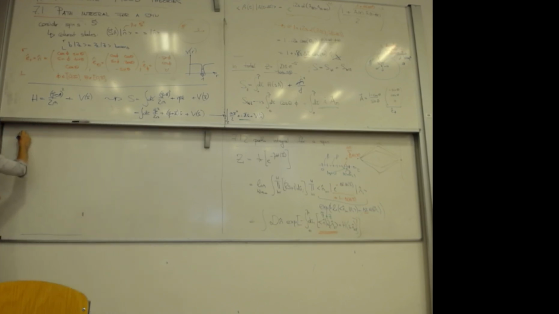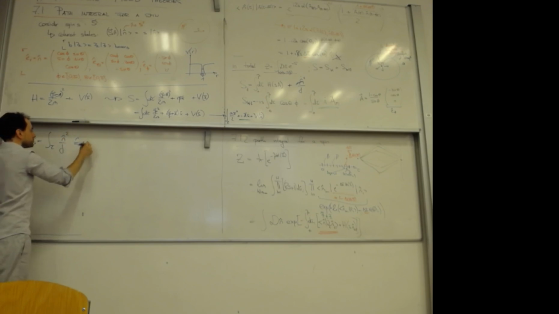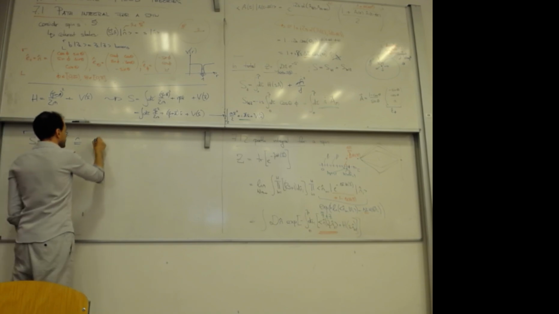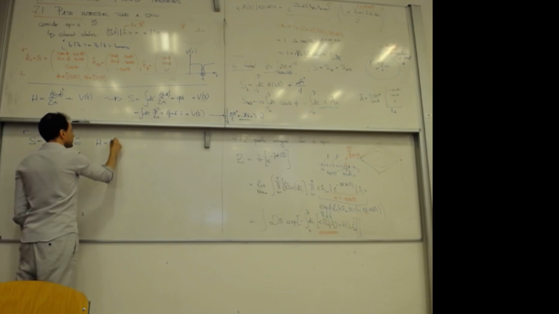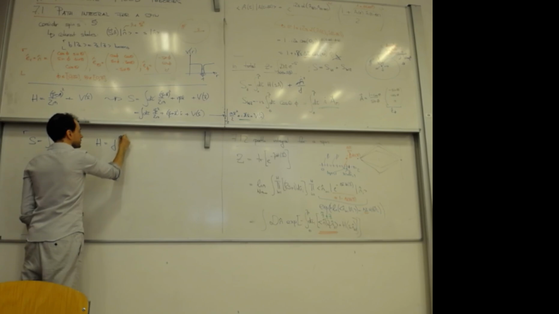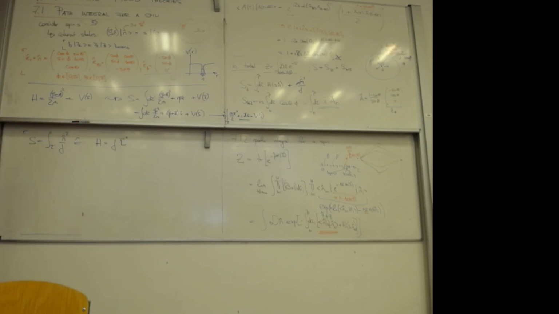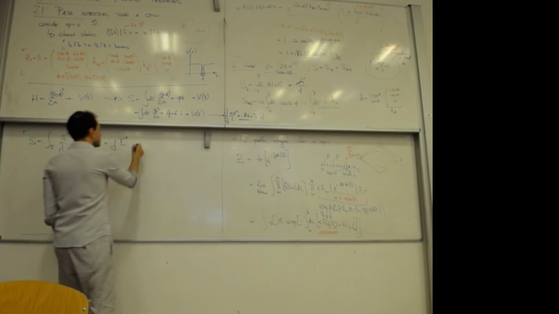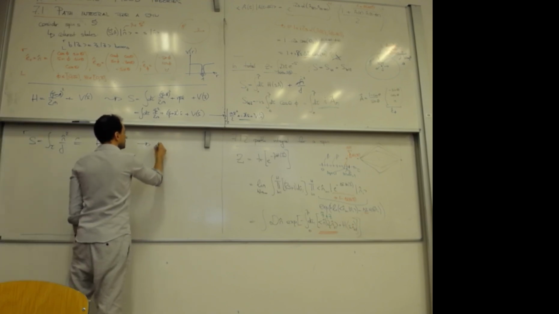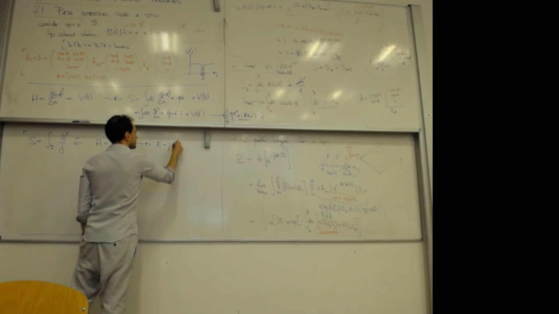If you have S, that corresponds to, now really not interpreted as a spin, but interpreted as a particle on a sphere. This is nothing but a Hamiltonian of the type J times L squared for the particle on the sphere. So its eigenvalues E are J, L times L plus 1.